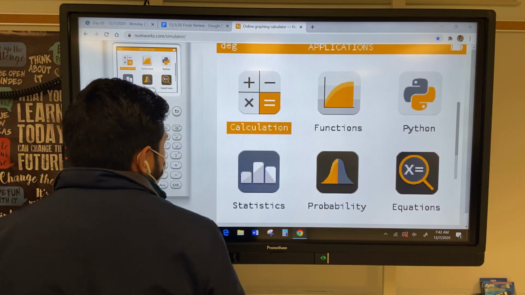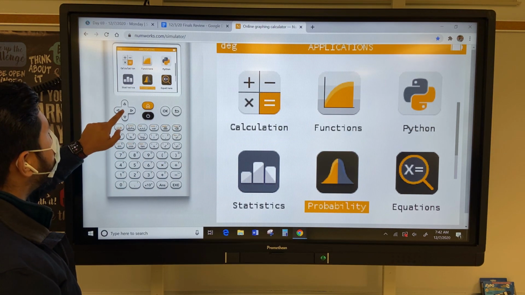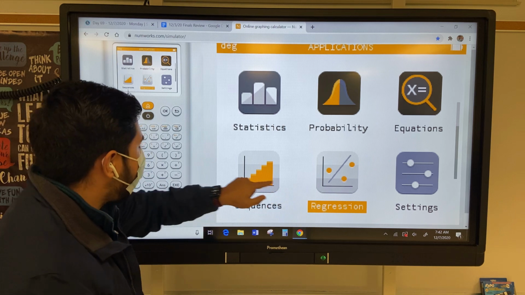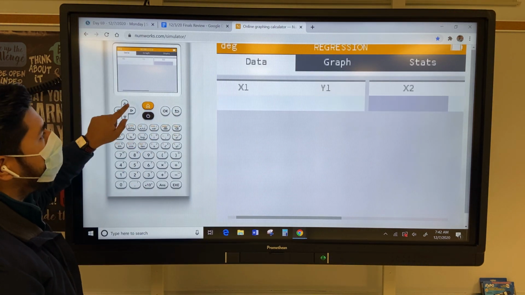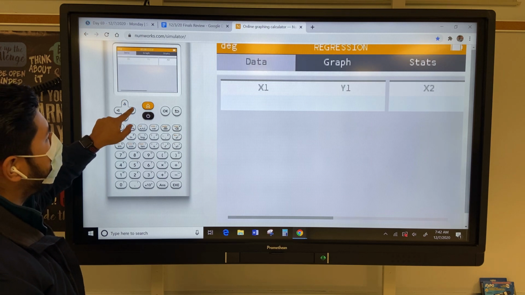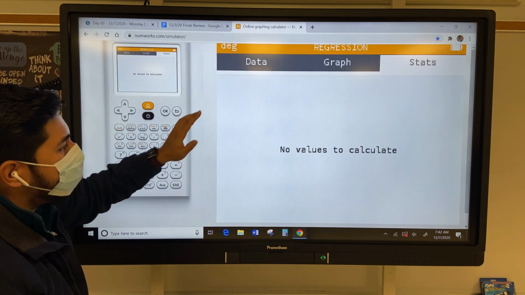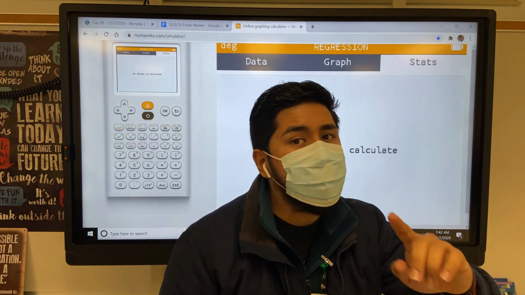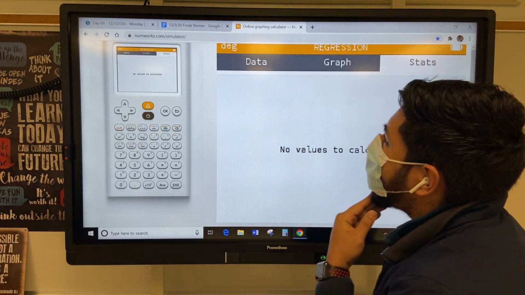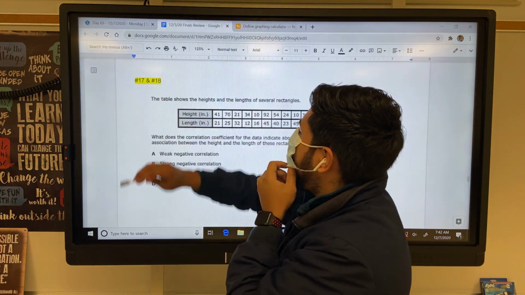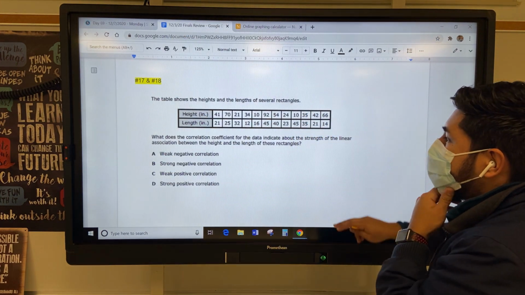Make sure you go to regression. Click enter. Put in your table. After you put in your table, you go up, go to stats, you press enter, and you're going to see some information. You got to go to the R value. I need to see what day that is. I'll post it and send you a message.